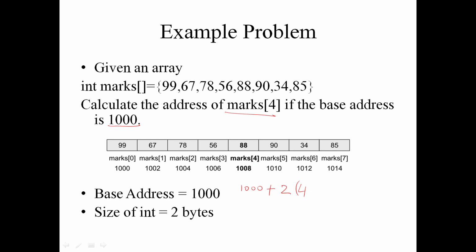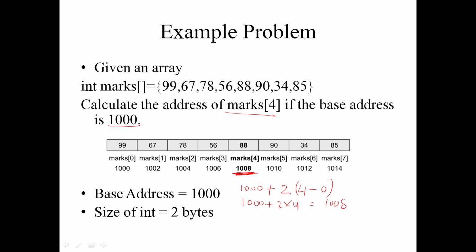He asked in the question what is the address of marks of 4. So 4 minus 0, as our index started from 0. So 1000 plus 2 into 4, which is nothing but 1008. So here you can see the marks of 4 element. This is how we calculate the address of an array element.